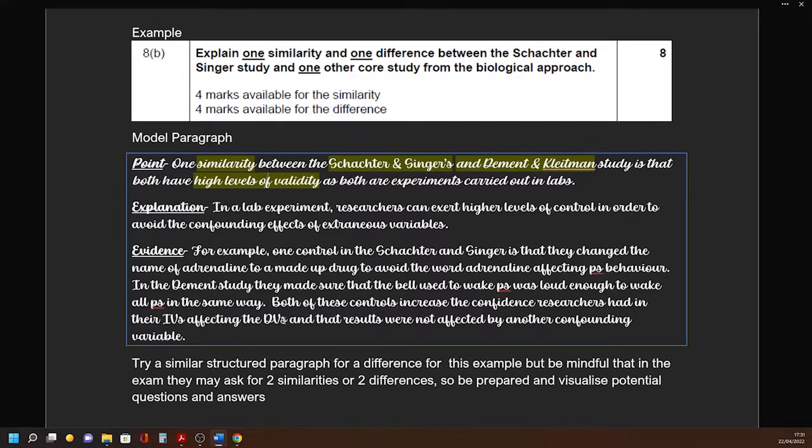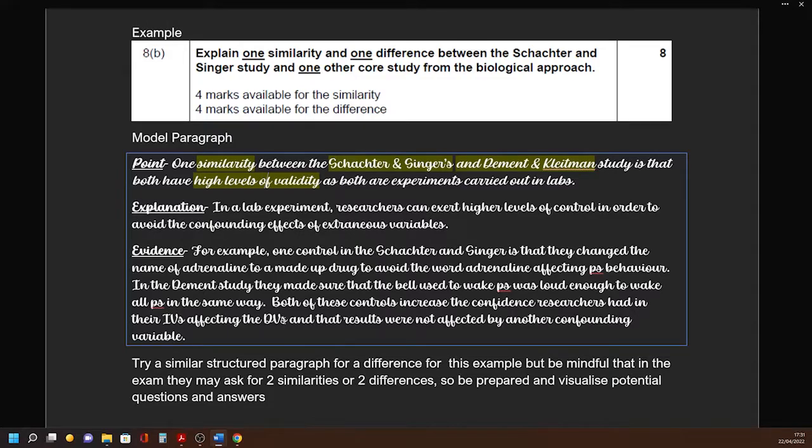You do half the work you do in the 10 marker, and you get a nice 8 marks. And then hopefully you'll be on your way to getting 41 marks out of 60. If you maximize your marks in the 10 marker and the 8 marker, then you can pick up the rest of the marks in the 2 markers and the shorter questions at the beginning of the exam.